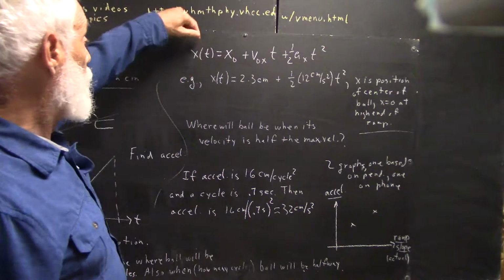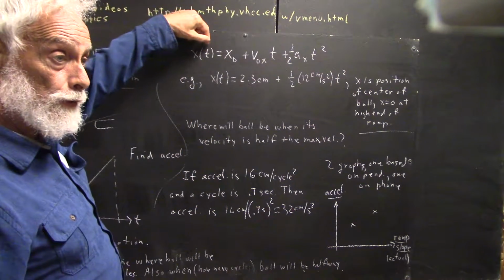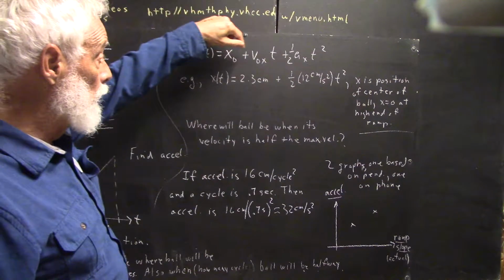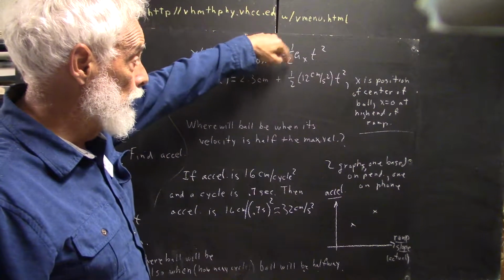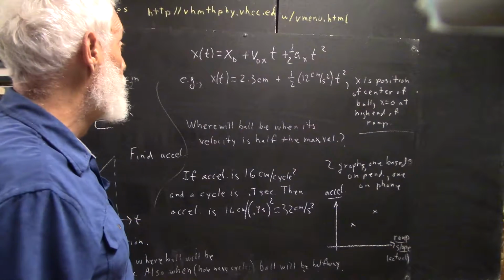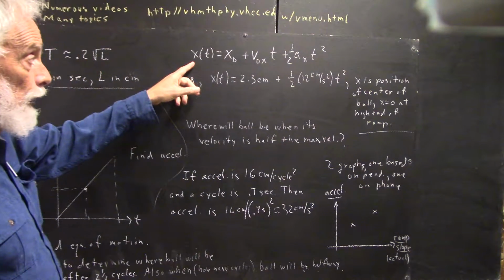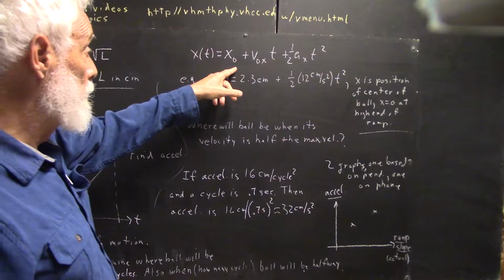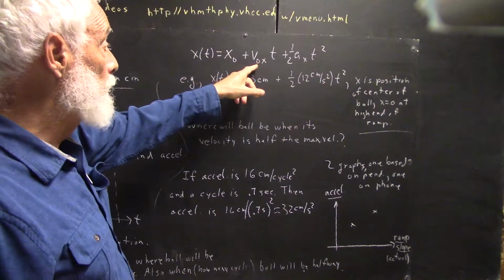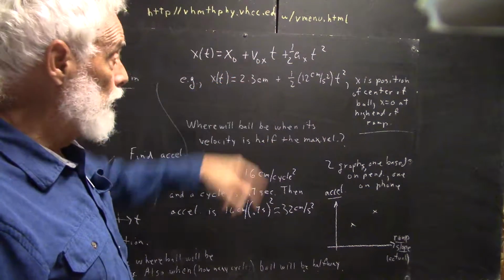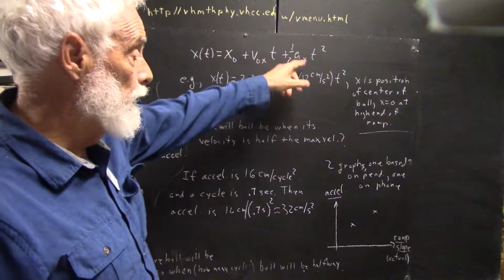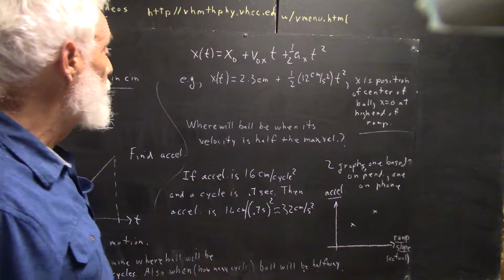So, your x of t function, your position function, is x naught plus v naught x t plus 1/2 a sub x t squared. Okay, what's x naught? X naught is the position x at the time t equals 0. V sub 0x is the velocity at the 0 time. A sub x, of course, is the acceleration.